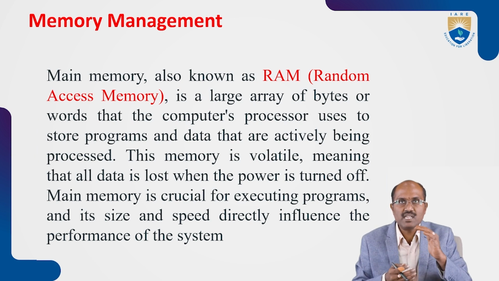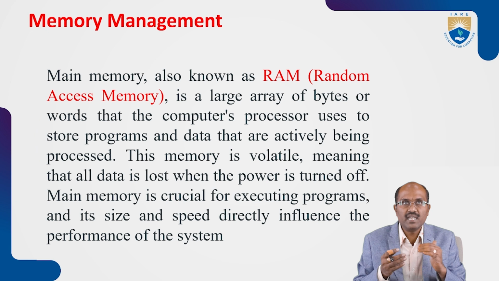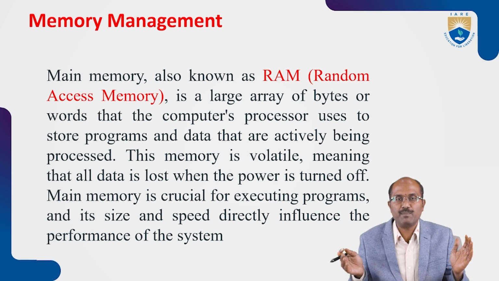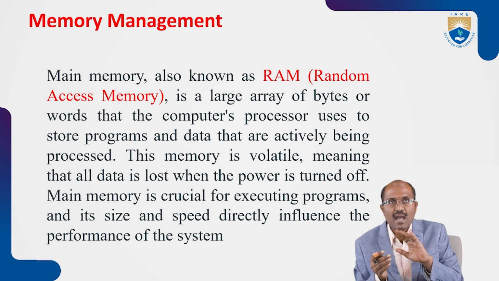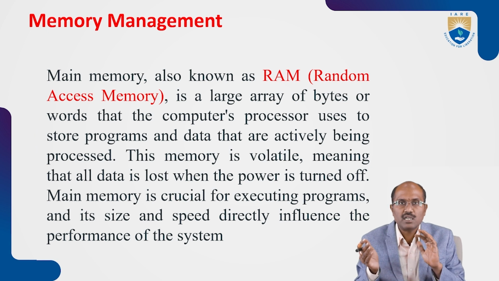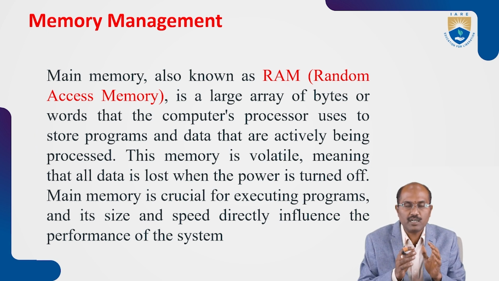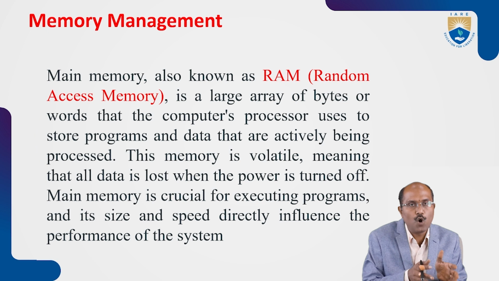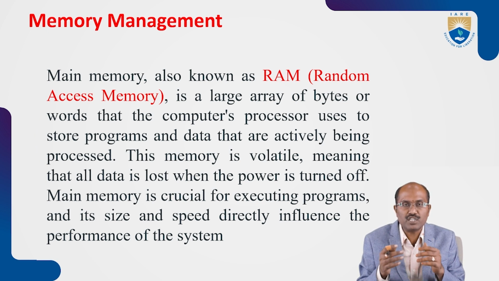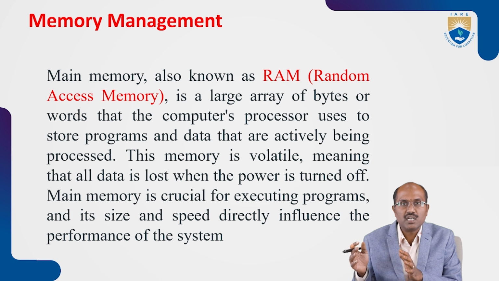This memory is volatile, meaning that all data is lost when the power is turned off. The stored information is lost in the primary memory. RAM is different and ROM is different, but both are primary memory. When the power is turned off, the stored information is lost in RAM, but in ROM the stored information is not lost.